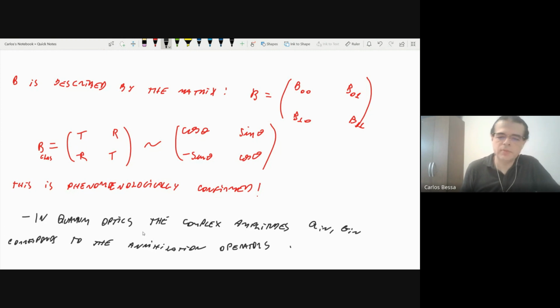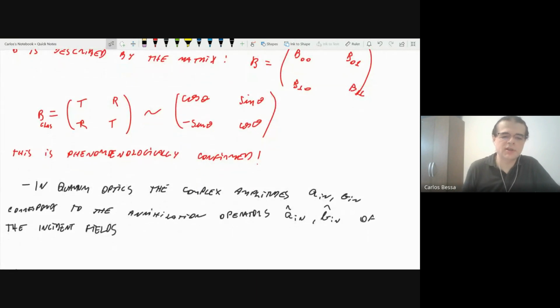It's the same way we did when we quantized the electric field, remember? Quantizing the electric field, it's proportional to the amplitude, like A in.